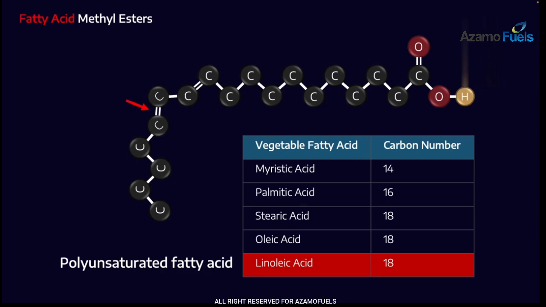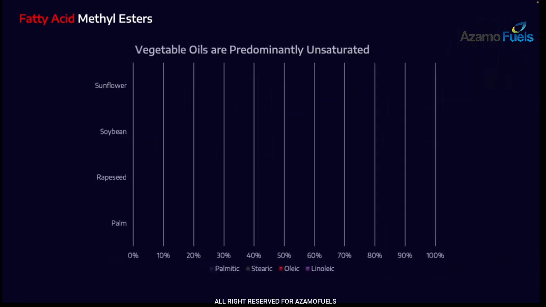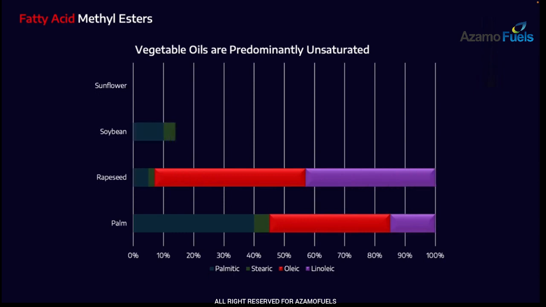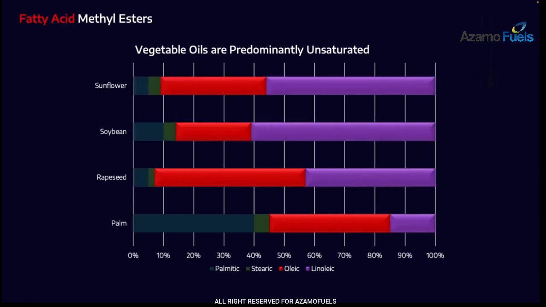Now, that's a little bit of a problem when it comes to biodiesels. And the reason for that is because if you look at the composition of some very, very common vegetable oils, what you'll see is that, for the most part, they are unsaturated molecules. So what I'm showing here is, if you remember, blue and green are palmitic and stearic acids, so 16 and 18 carbon long fatty acids, but those are the saturated ones.